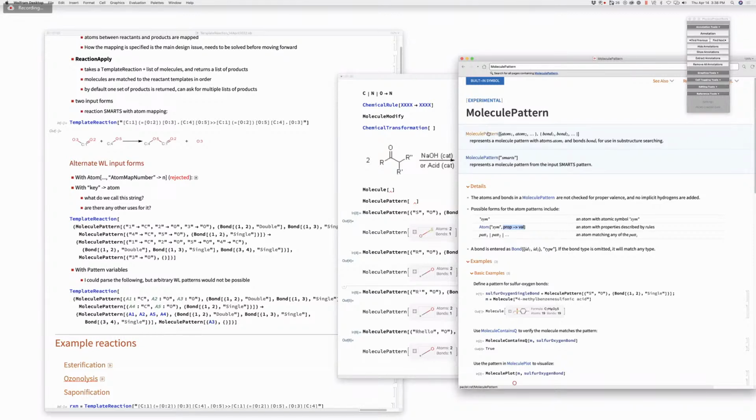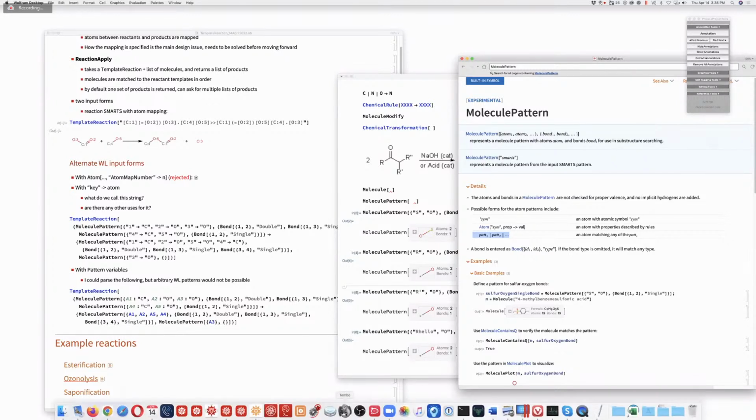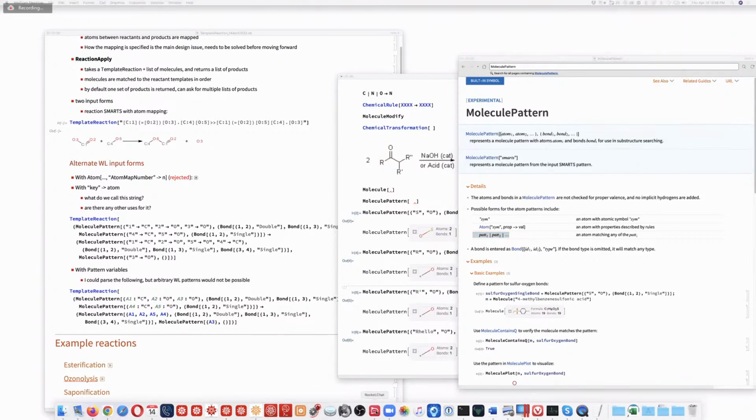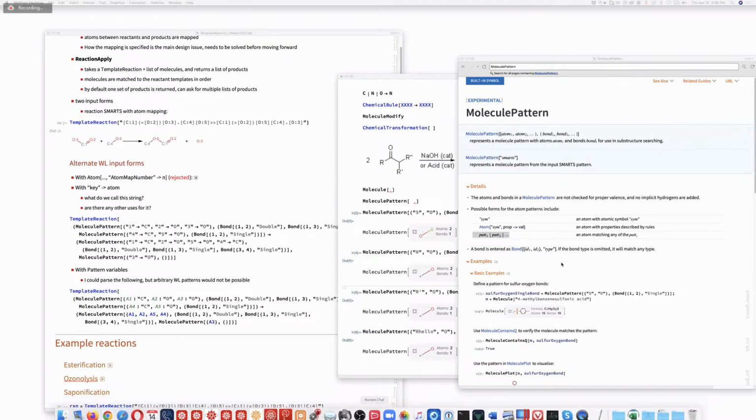I don't understand why this is a pattern anymore. It's a pattern in the sense that it has alternatives, but beyond that, this does not define how this manages to be a pattern. But in fact, you're telling me that R, mysteriously, the letter R, represents a wildcard atom or wildcard functional group or whatever, right?